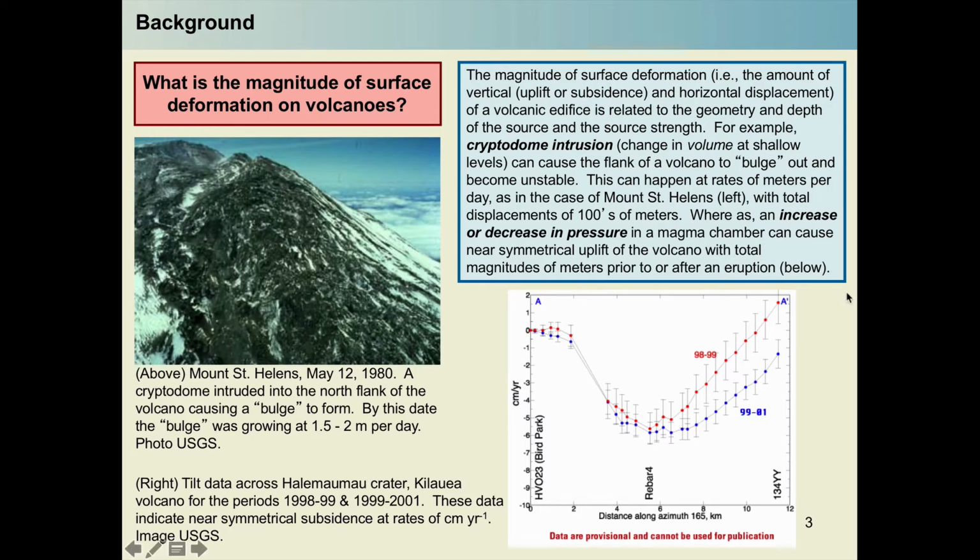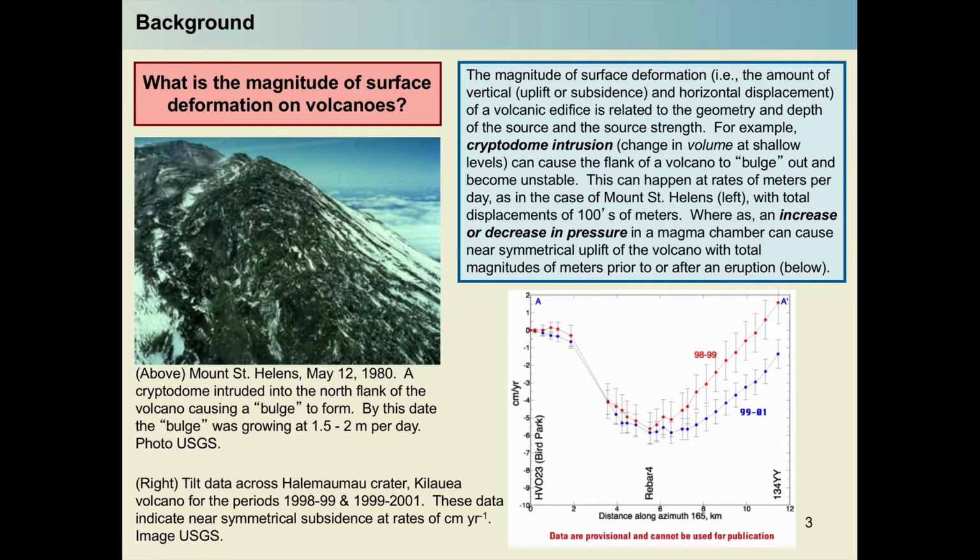An example on the right from the USGS is from two periods of time at Kilauea volcano, 1998 to 99 and 99 to 2001. In this case, the volcano was subsiding. Magma was withdrawing from underneath the central crater in Kilauea caldera, and you can see if we start at time 0, centimeters per year of deflation.